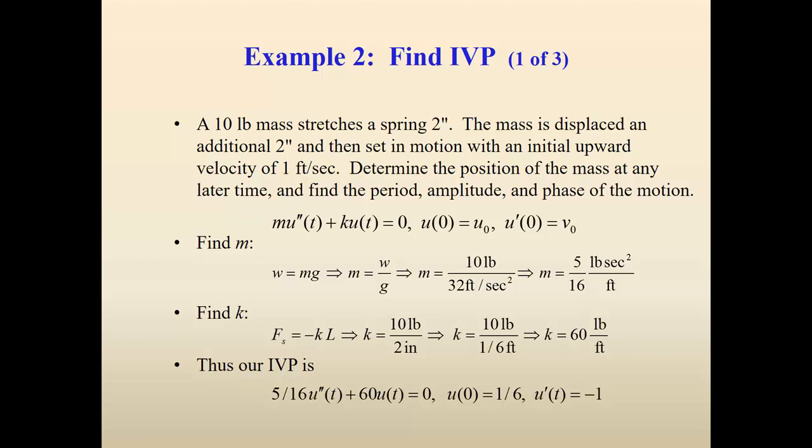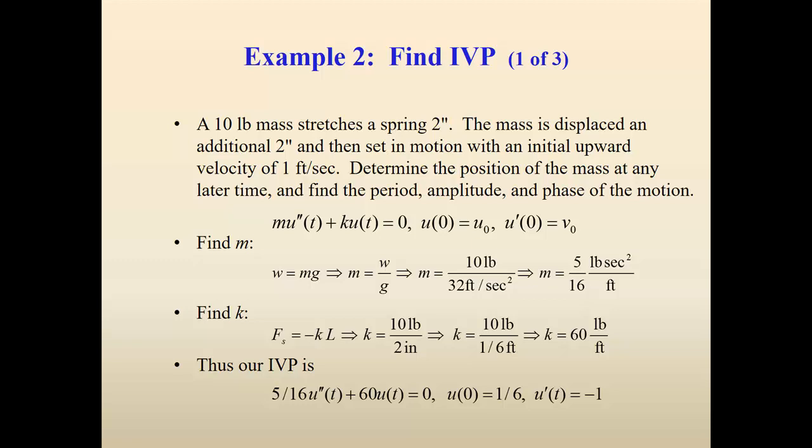So mass, because notice that's a 10-pound mass, so 10 divided by 32, that's 5/16. Yeah, because that's friendly. And then we find k from the spring force. Well, that was a 10-pound mass, and it stretches the spring 2 inches, right?